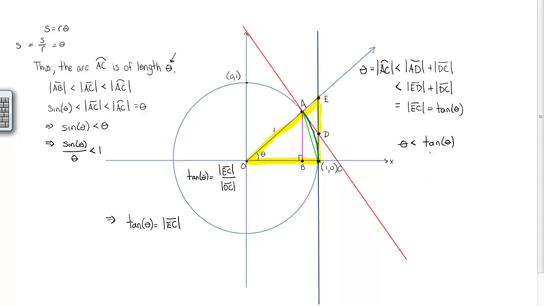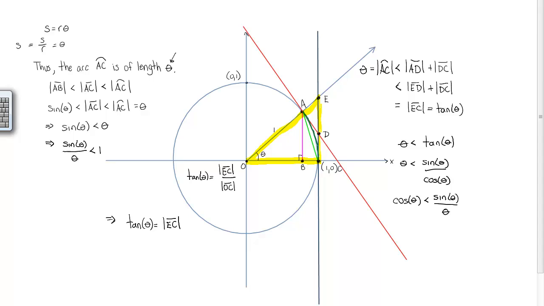Now remember, I want to get a sine over theta in this. So theta is less than sine theta over cosine theta. I'll multiply both sides by the cosine of theta and divide both sides by theta. So I get cosine of theta is less than sine theta over theta.